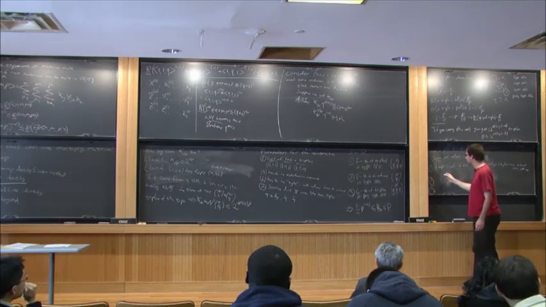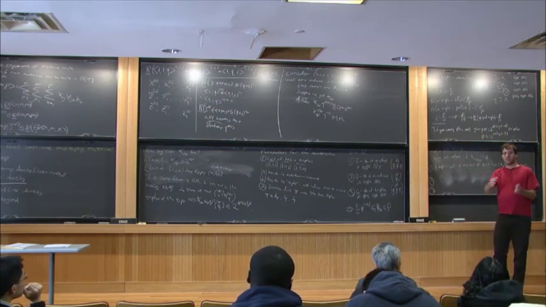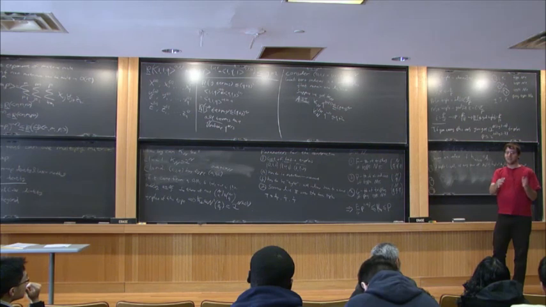Property number 2. So we look at the 3 hashes, and I'm saying it can't be that exactly 2 of them are equal.